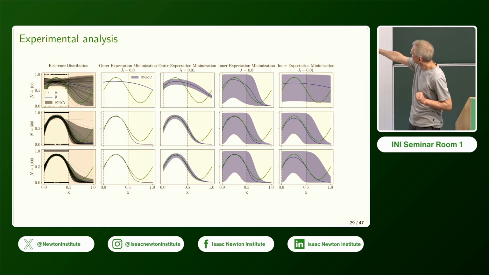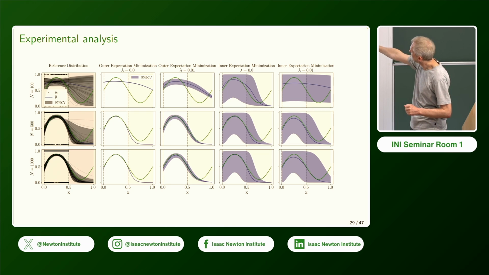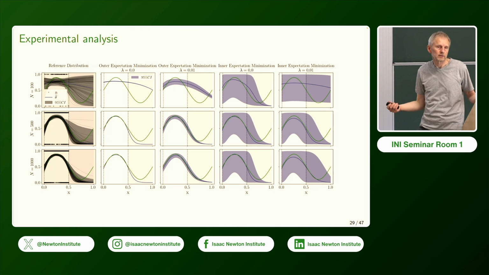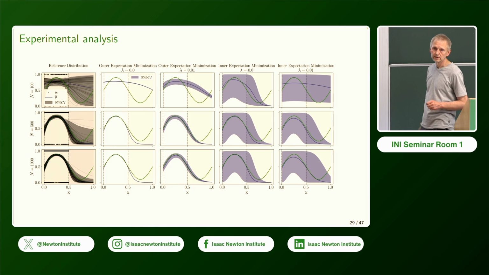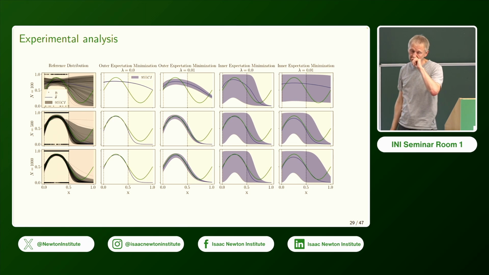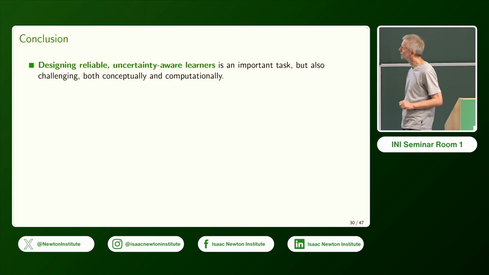If you regularize a bit, then the uncertainty gets higher, but still it's even lower on the right than on the left, which is a bit weird and not what you expect. And it's also not covering the true function in any way. The same holds for inner expectation, where you have similar problems. So the whole approach is really a little bit debatable.